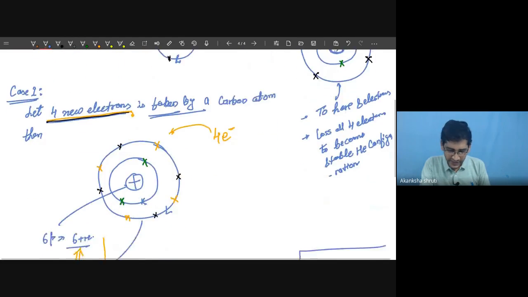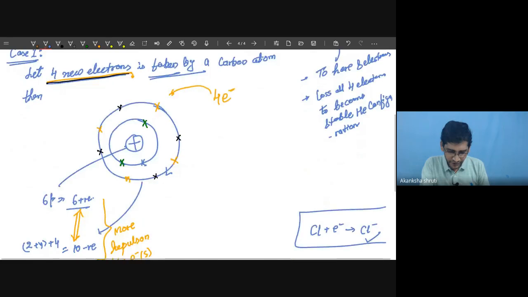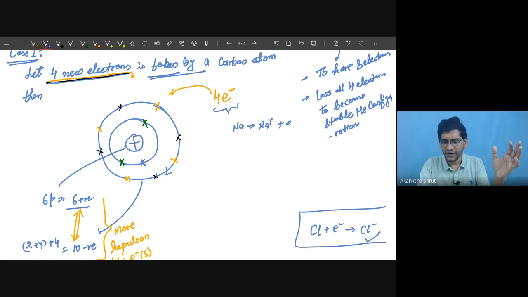If 4 electrons are taken by this carbon atom, the 4 additional or new electrons, we have assumed these 4 negative electrons might be coming from some electropositive element, like sodium, which is able to give 1 electron, forming Na plus and 1 electron, or Mg.